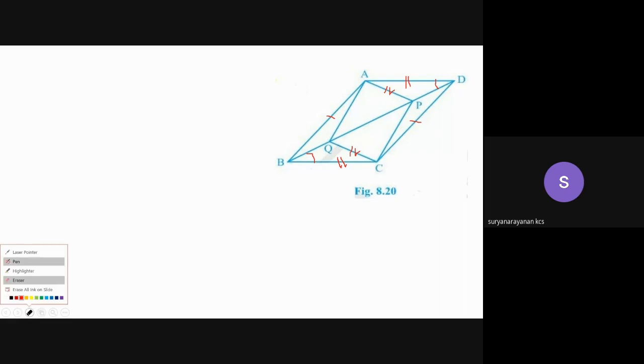Here I mark this side also, DP is equal to BQ. I will mark this one again.